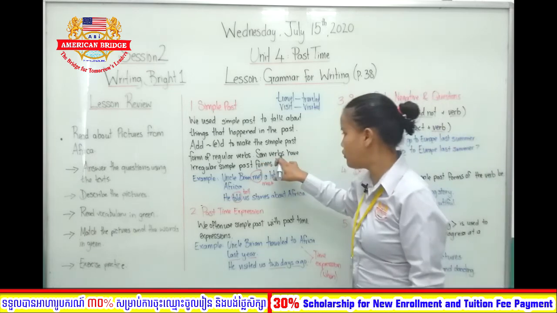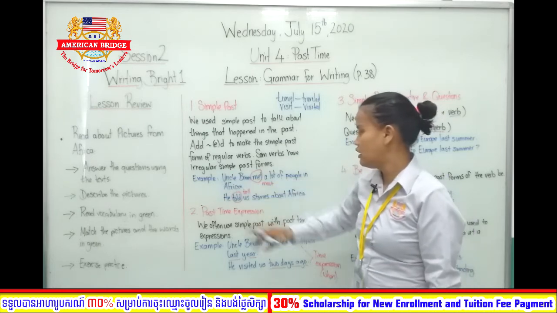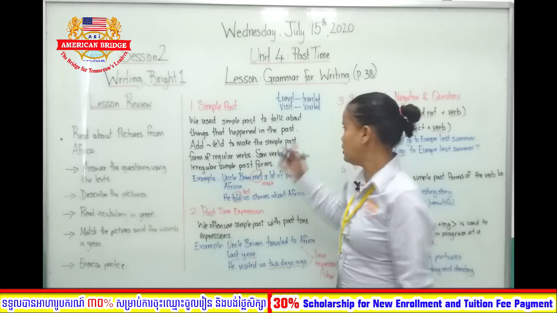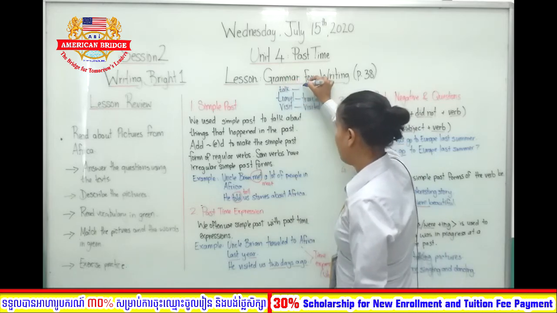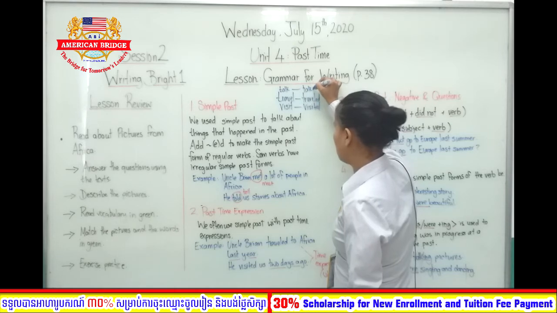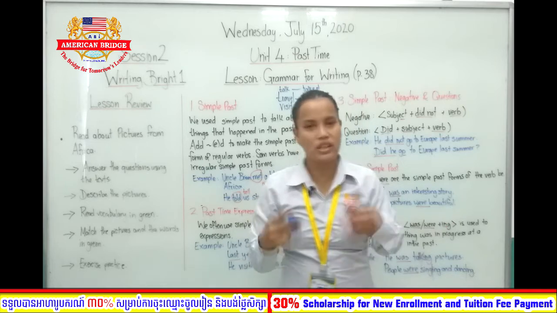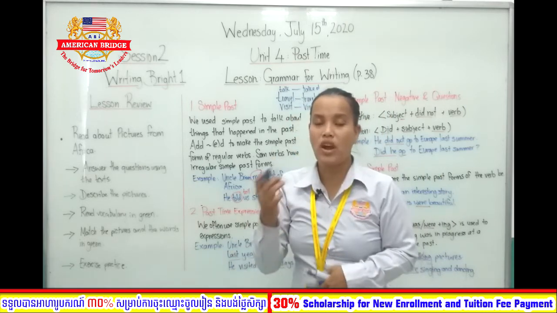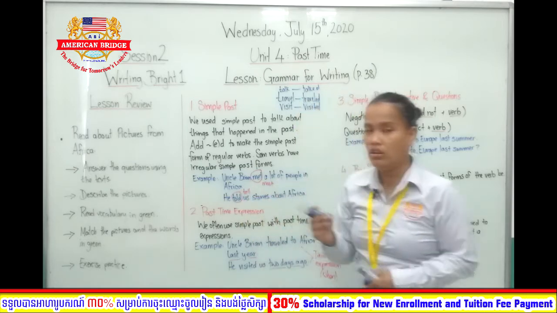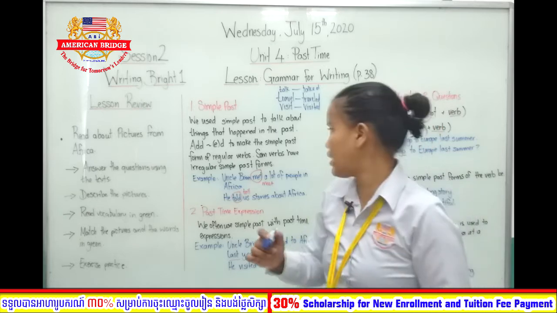Remember, some verbs have irregular simple past forms as well. Like what? Met, told. And talk becomes talked. Remember, when you are reading these words, please make sure that you pronounce the last sound as well. So talked, traveled, visited, okay.